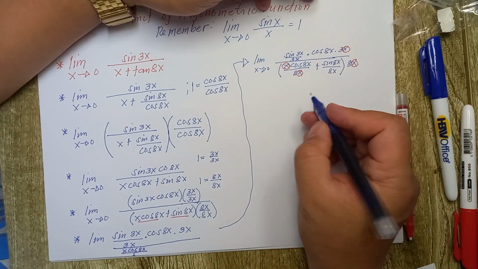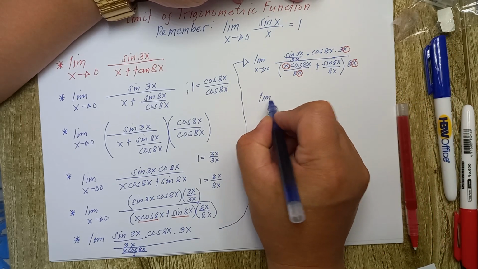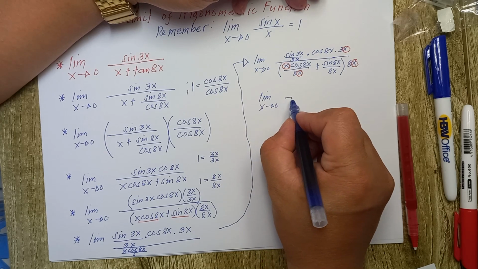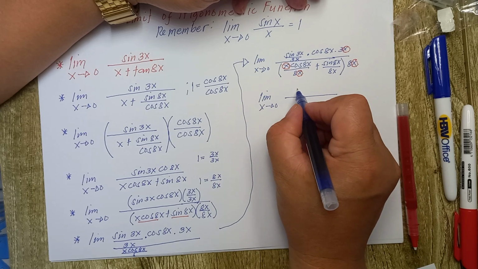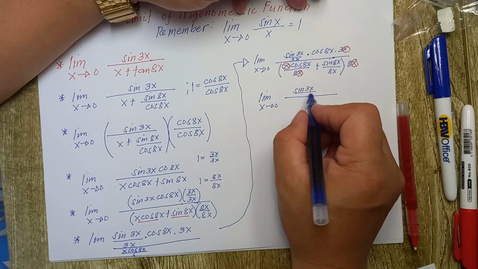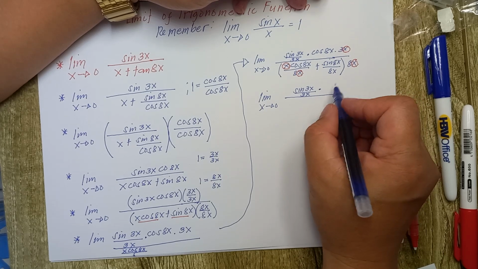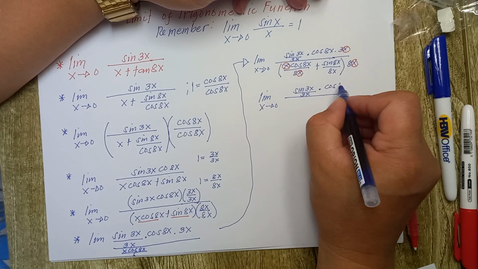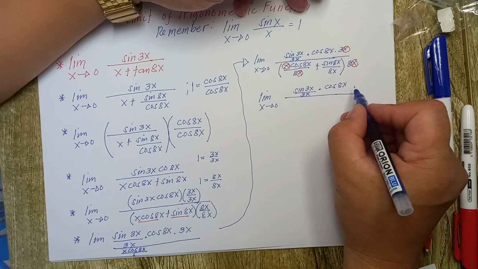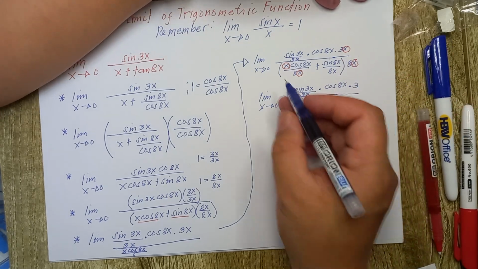So with that cancellation, we have a new statement saying the limit as x is approaching 0, we have sine 3x over 3x times cosine 8x, 8x times 3.